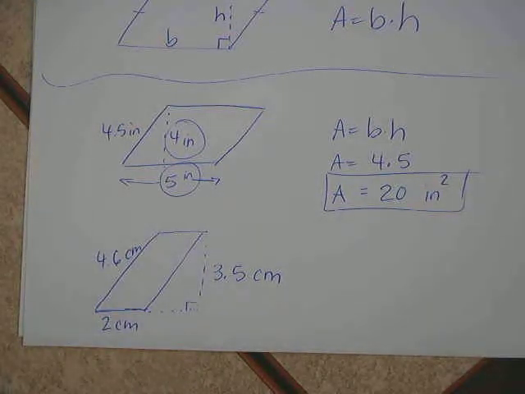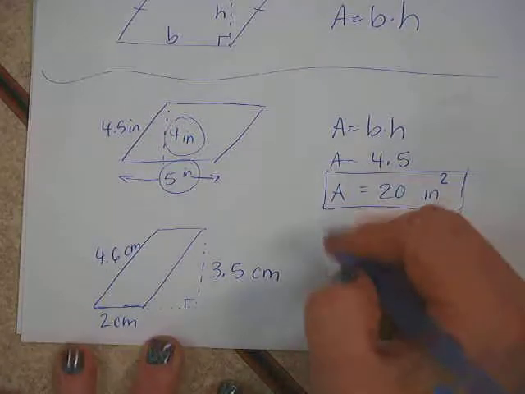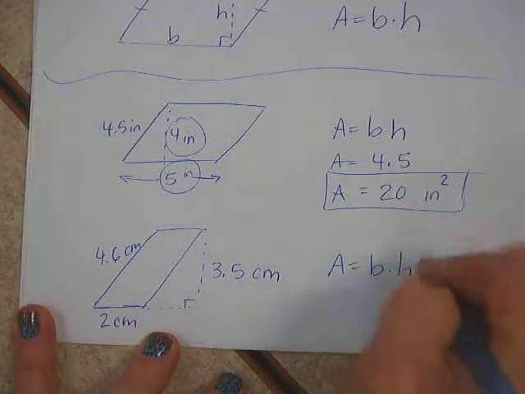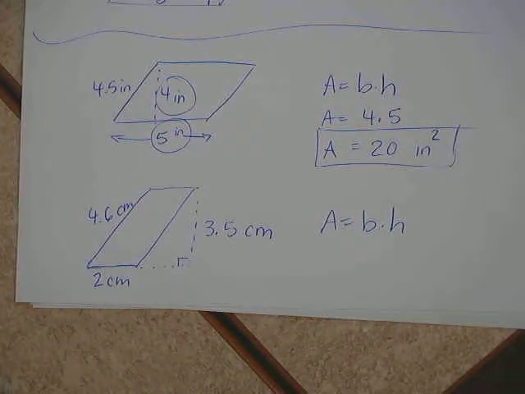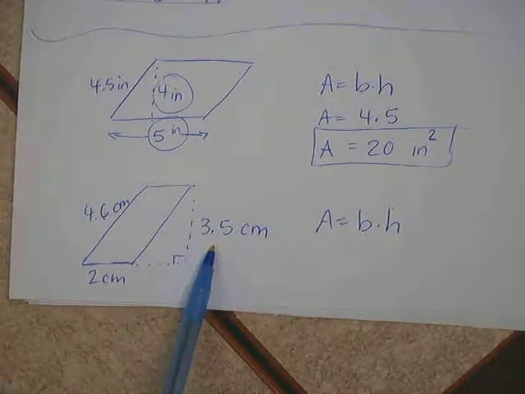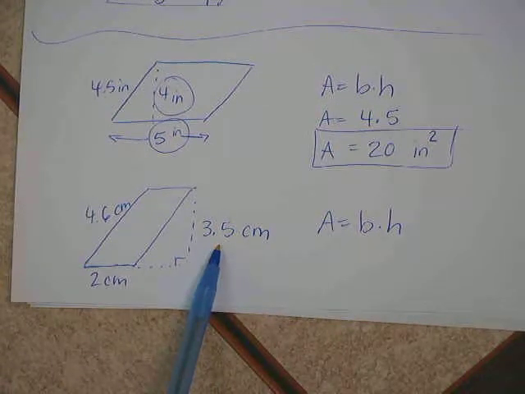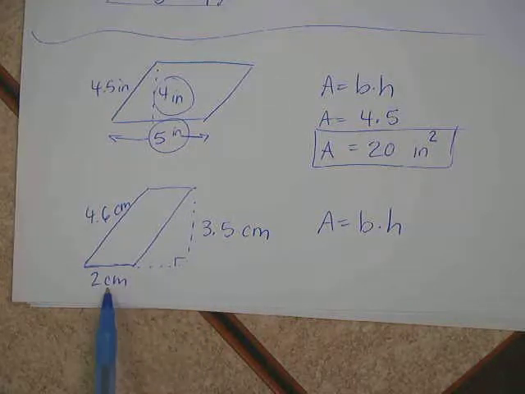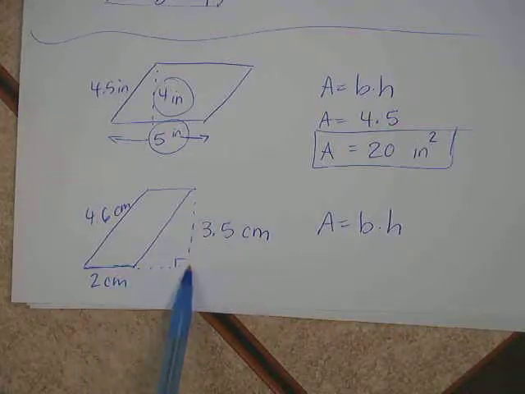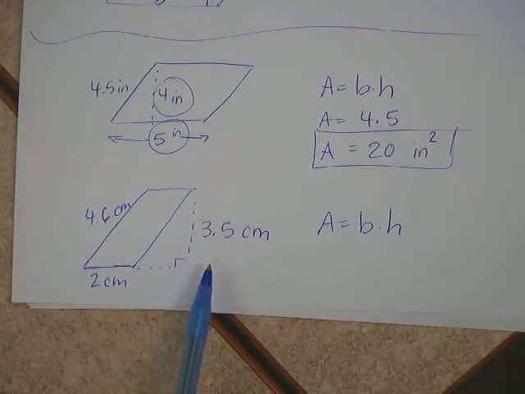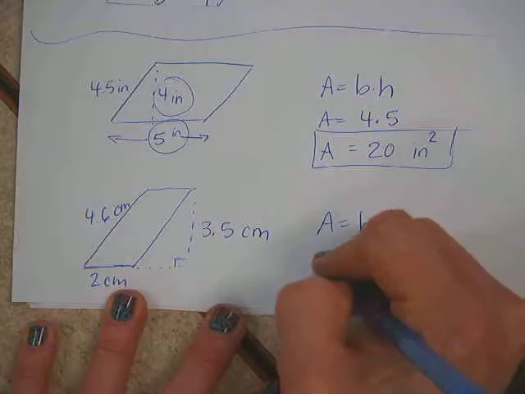Sometimes your dimensions will be outside of the figure, but they still have to be perpendicular. So in this case, what would you use as your base and your height? 3.5 would be one of your dimensions, and 2 would be the other.